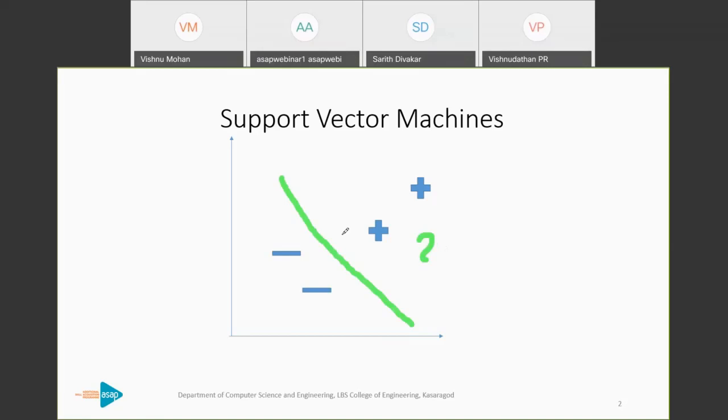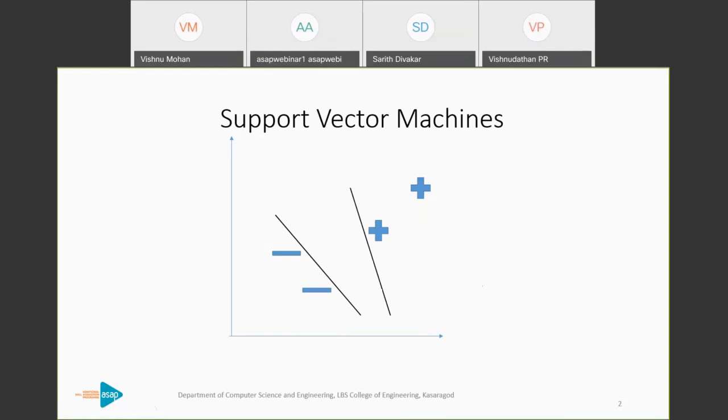Now, how do we find this decision boundary using support vector machines? Here, we need to separate these positive samples from the negative samples. I can draw a straight line like this. This straight line is very close to the negative sample. Or I can draw another straight line like this, which is very close to the positive samples.